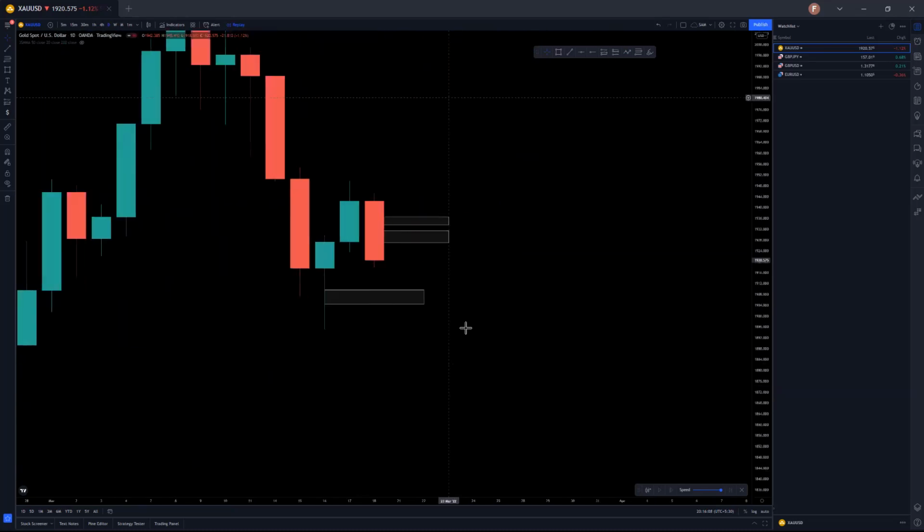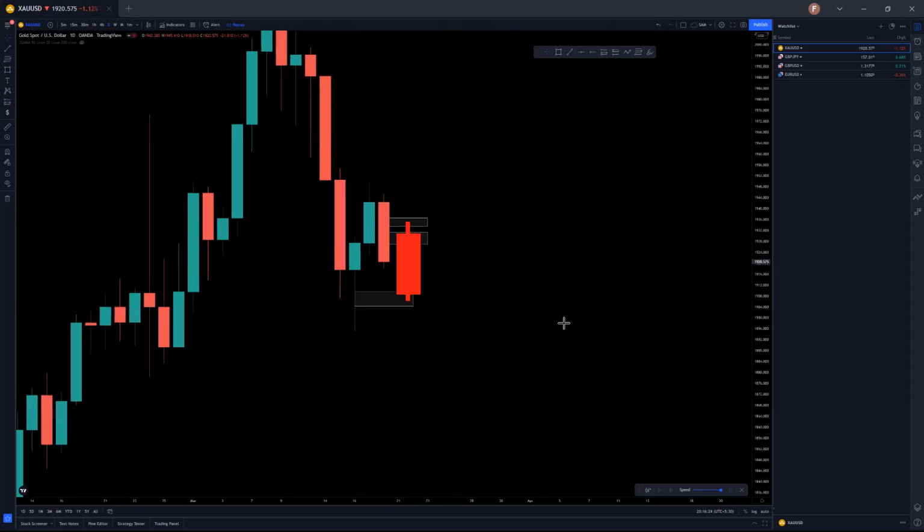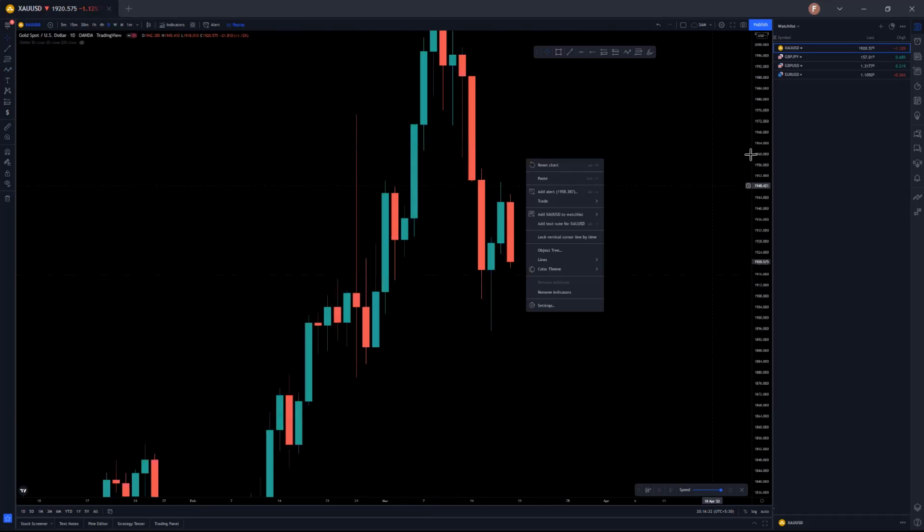So the next daily can be like this. By looking at the momentum, this is a strong daily candle. All right, so we can expect the daily to be bearish as well.